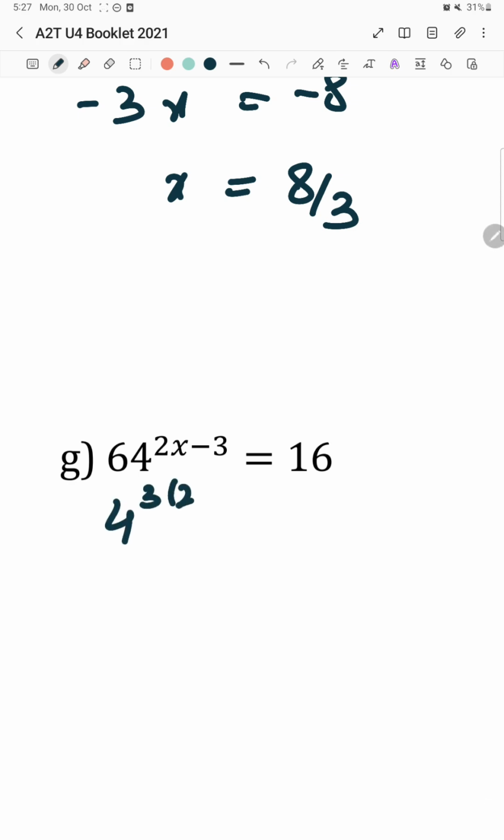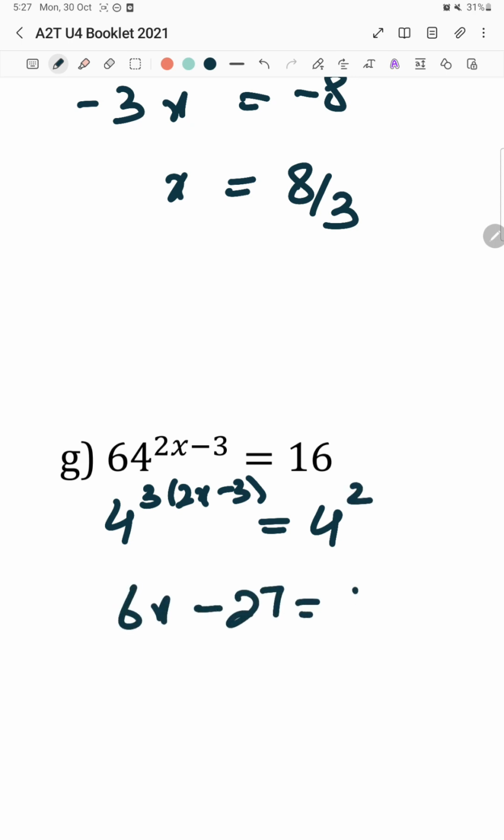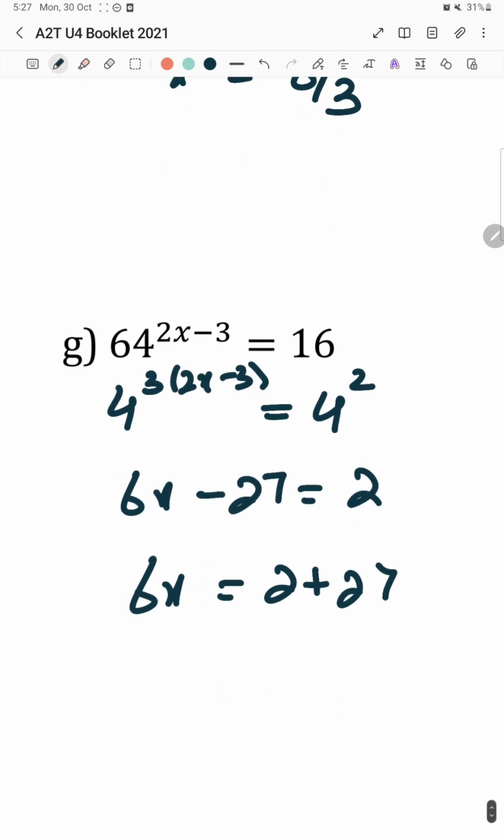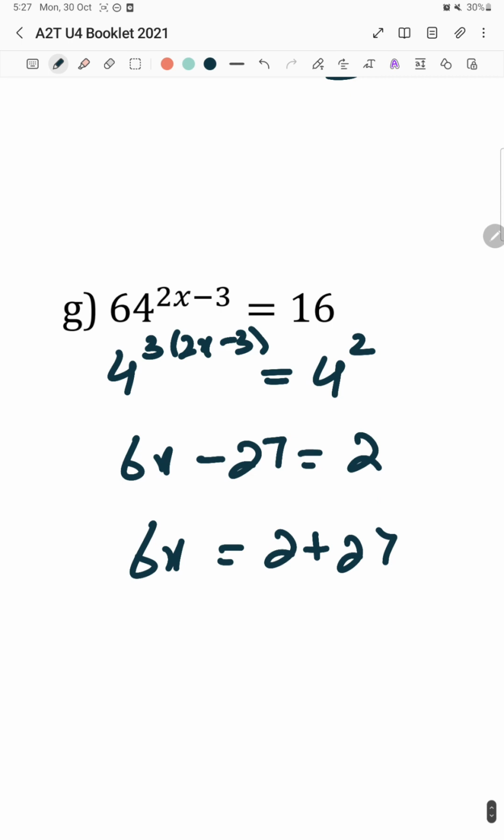4 cubed is equal to 2x minus 3 is equal to 4 squared. 4 cubed, 2x minus 3 is equal to 4 squared. 3 to the 6 minus 3 is a 9.